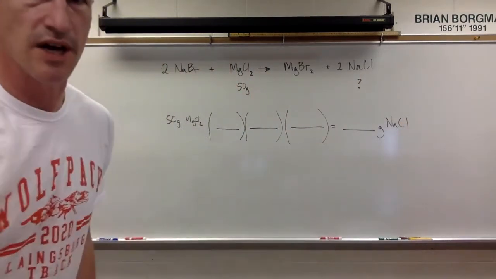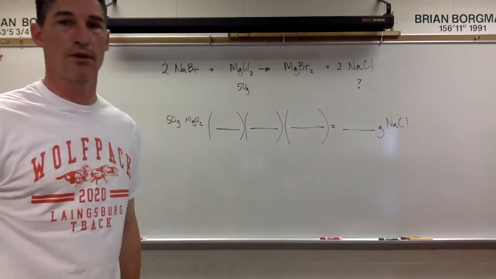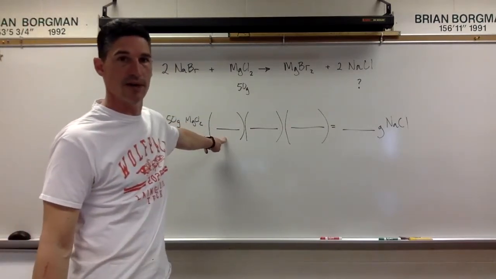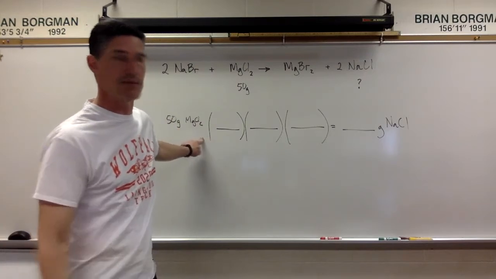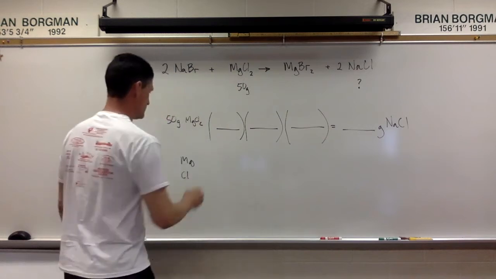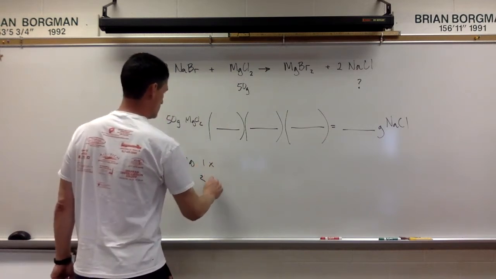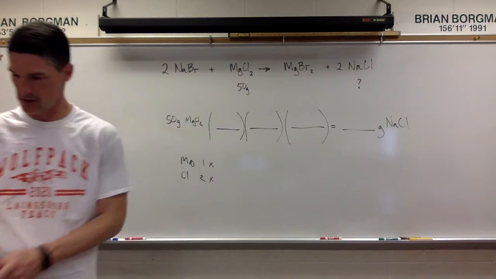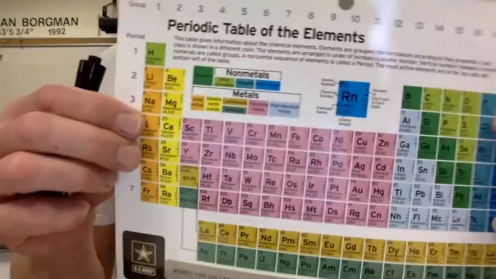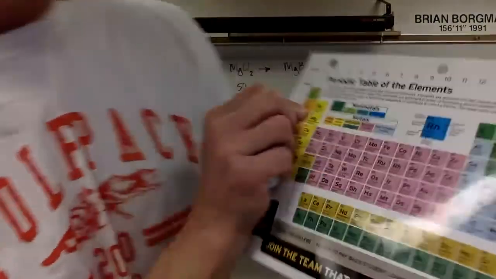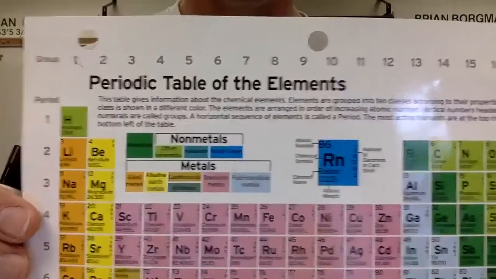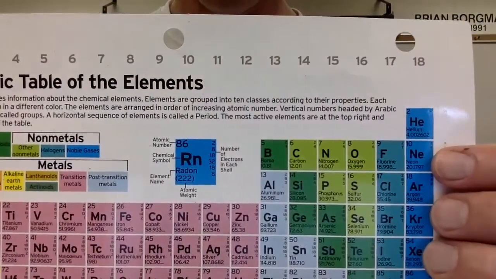All right, so we want to start with grams of MgCl2, and we want to end in grams of NaCl. The first thing I need to do is divide by the molar mass, so I need to figure out the molar mass of MgCl2. I've got 1 magnesium and 2 chlorines. Grabbing my periodic table, magnesium is 24.3, and chlorine is 35.5.